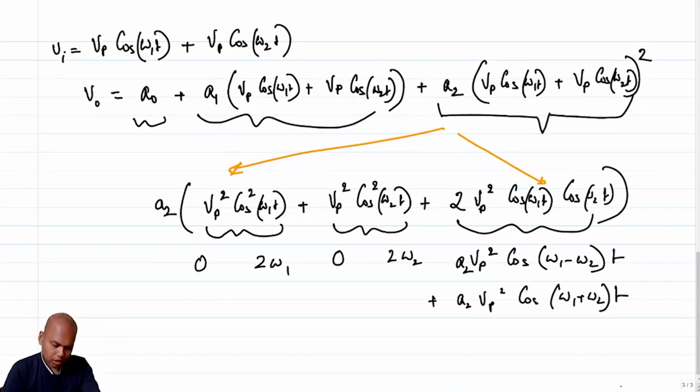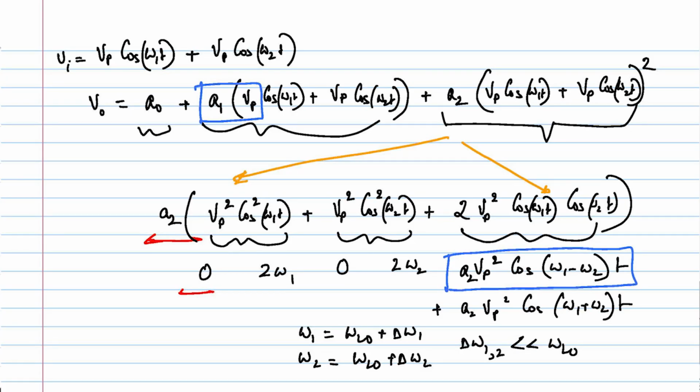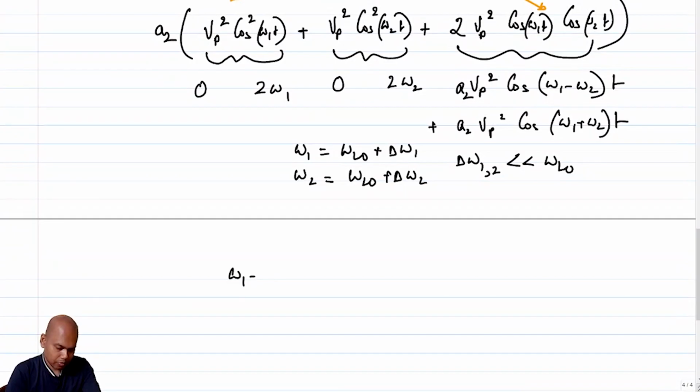So can you comment on the approximate frequency of omega 1 plus omega 2, when omega 1 is equal to omega LO plus delta omega 1 and omega 2 equal to omega LO plus delta omega 2, and with the understanding that delta omega 1 and delta omega 2 are much less than omega LO?